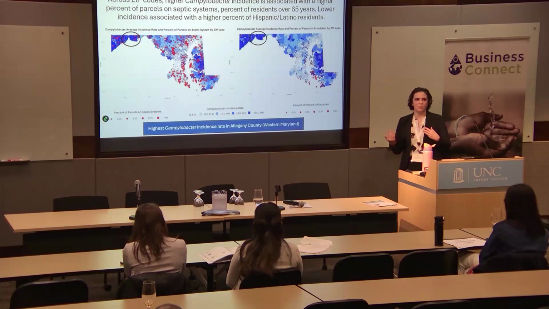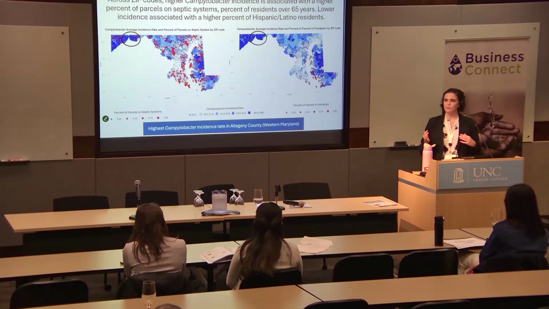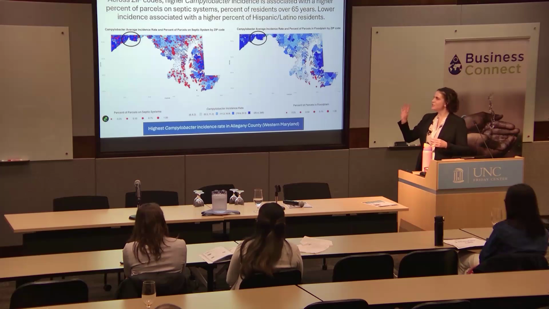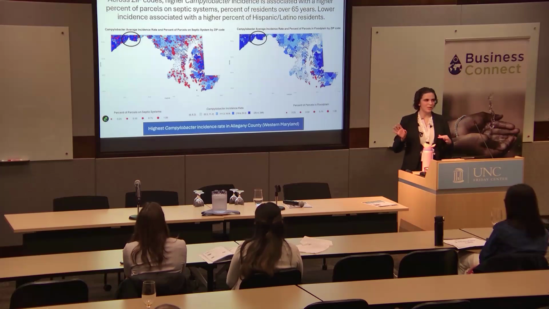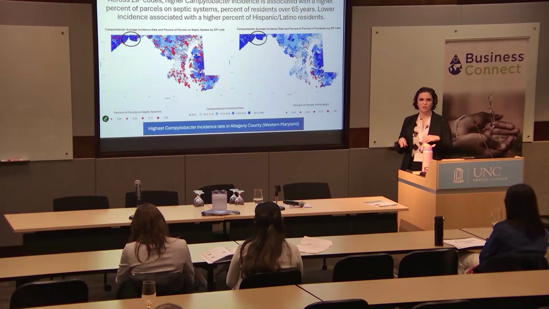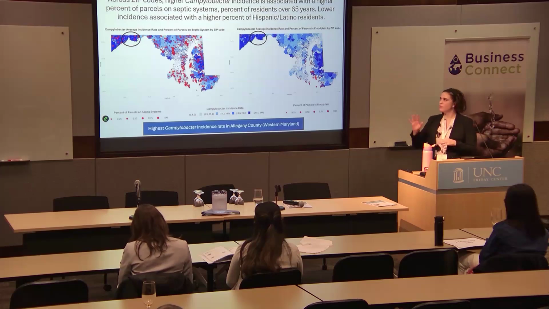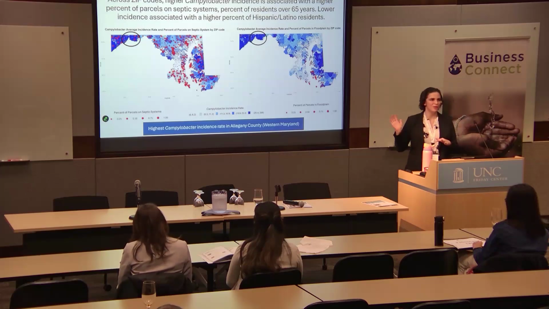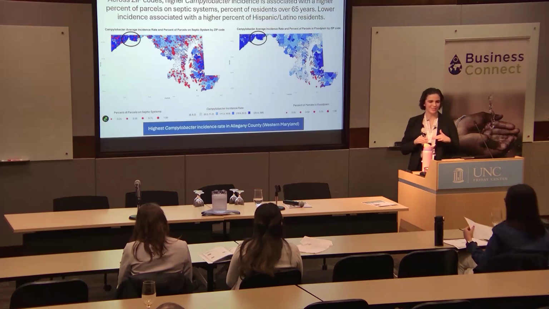I then ran a multivariate negative binomial model using those significant factors. And I just wanted to make a quick note that for this one, to eliminate any collinearity, I ran a different multivariate negative binomial model with each of the 3 race predictors on their own. So for this one, just to save time, I'm showing the results using the race predictor of Hispanic and Latino residents.